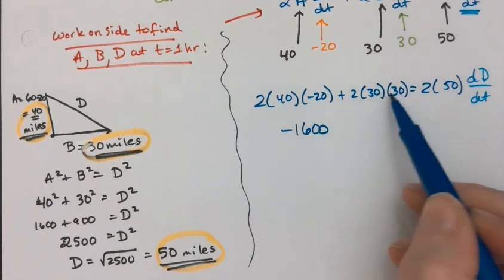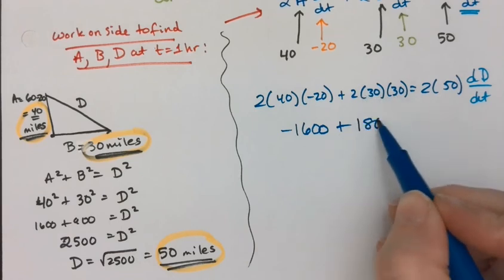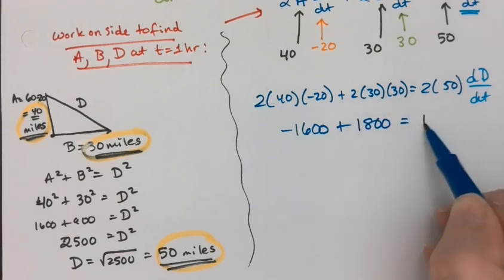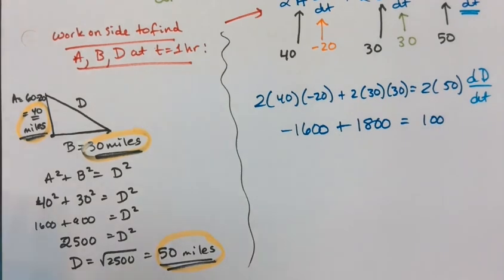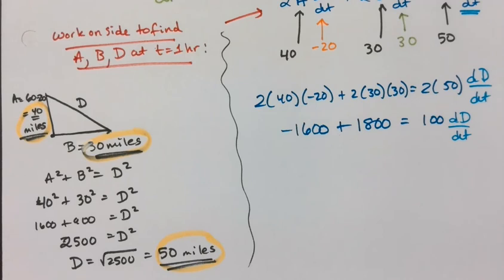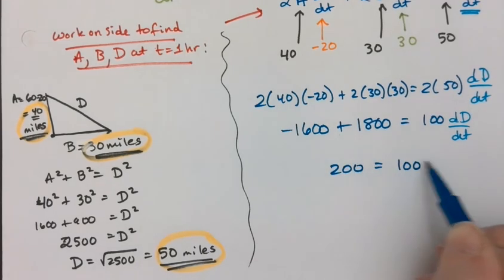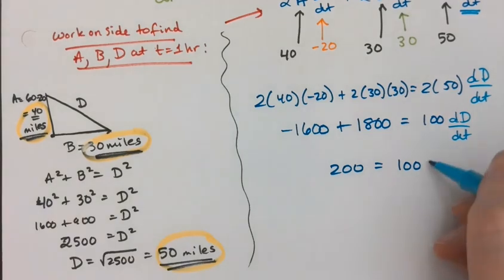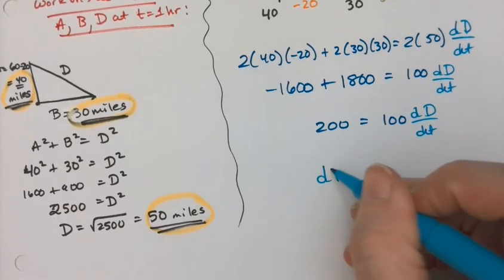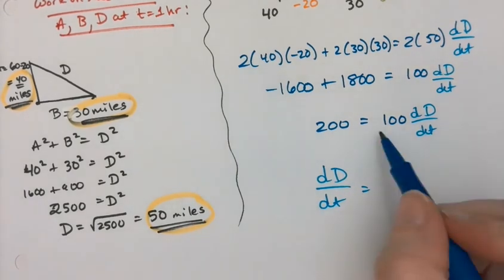And then 900 times 2 is 1800, equals 100 times dD dt. So this is 200 equals 100 dD dt. And that means dD dt must be equal to 2, because you divide both sides by 100.